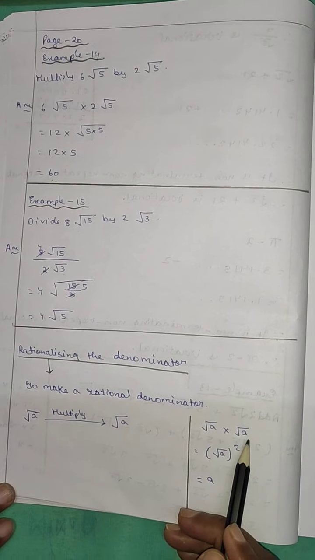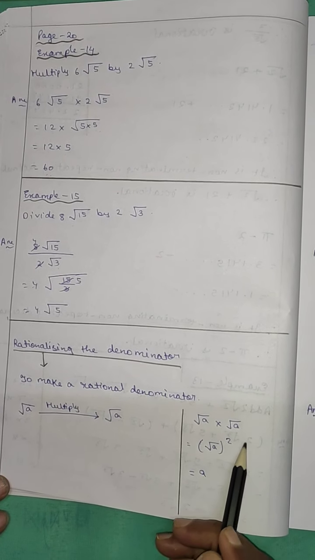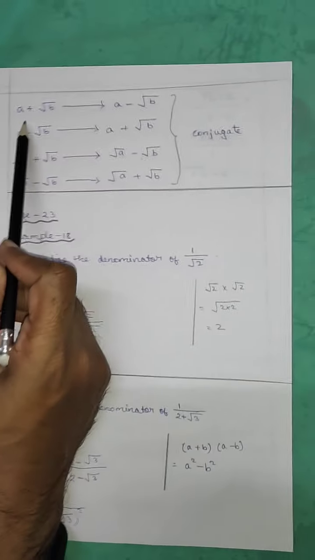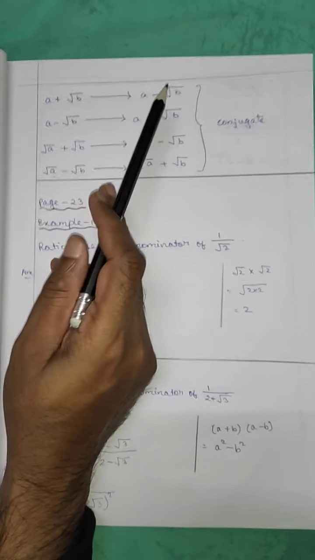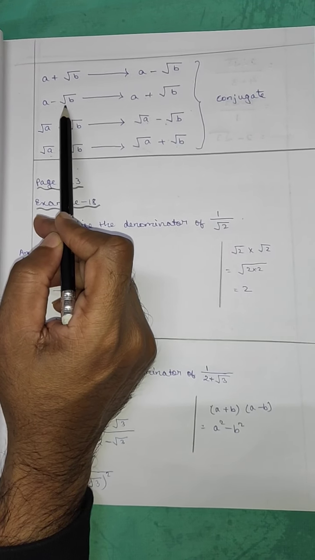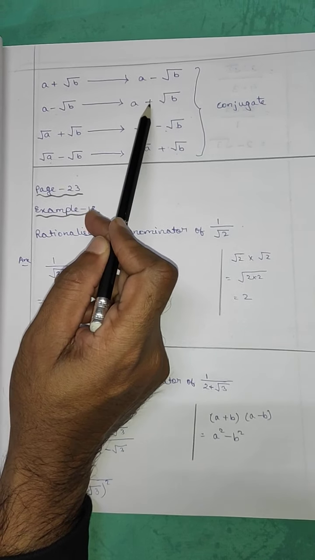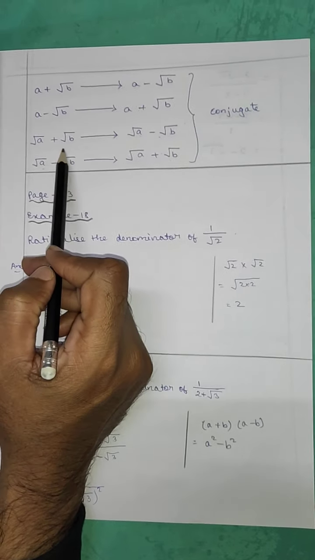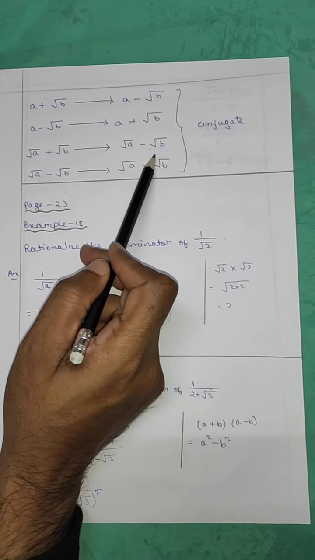So root a into root a becomes root a square. Root and square together come, it will be a. Again, when you get a format like a plus root b multiplied by a minus root b, the root will be removed. If your denominator is a minus root b, then multiply by a plus root b, in this form your root will be vanished. If you have root a plus root b, then root a minus root b you can multiply.